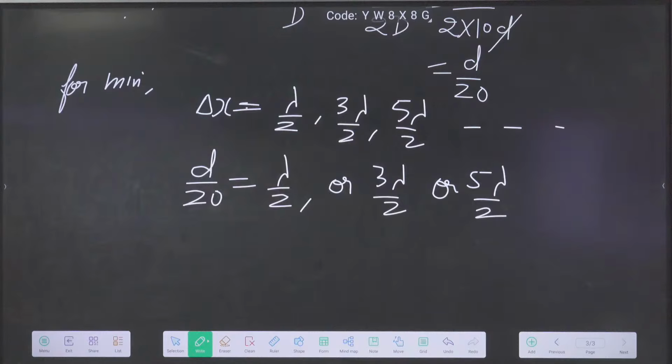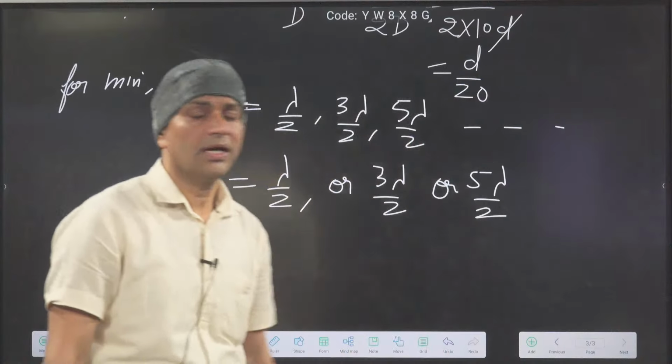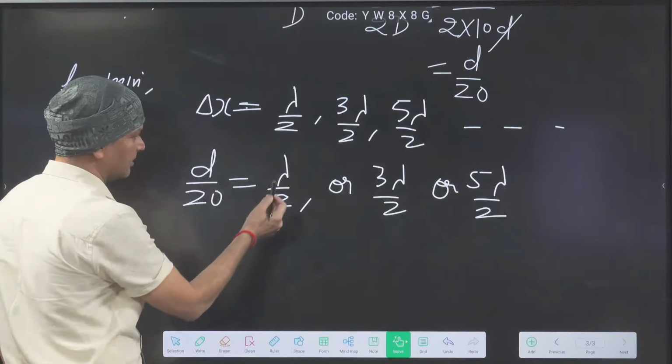Anybody? Now here, if you take this condition, then what lambda will you get?